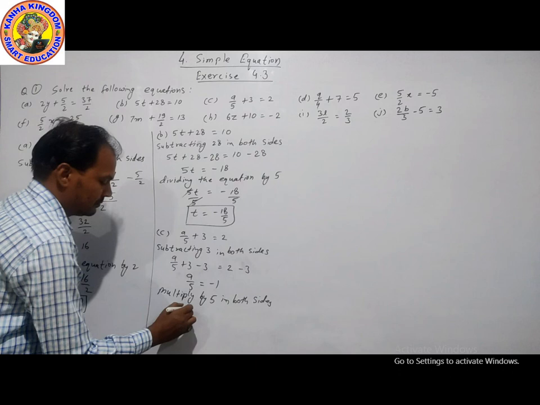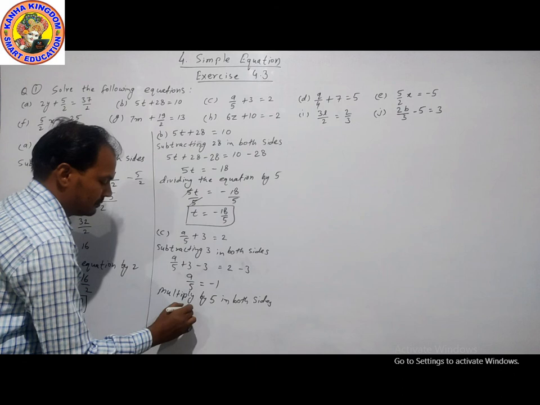Now next one, part D, solve the equation, means find the value of Q. Q upon 4 plus 7 is equal to 5.